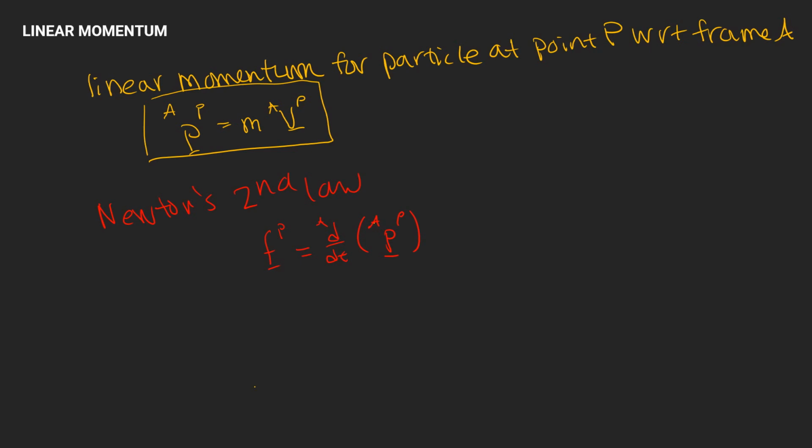And so from that, we can plug in our equation up here. We can now rewrite this as force is equal to the time derivative of mass times velocity. Now, most of the time, not always, but most of the time, we can consider mass to be a constant. Unless you are told otherwise, we can assume mass is constant, so we can pull that out.